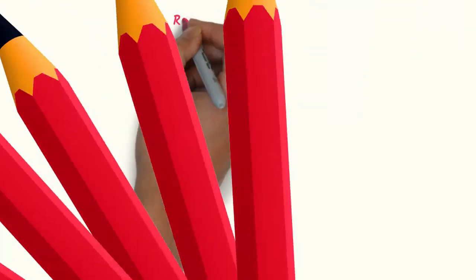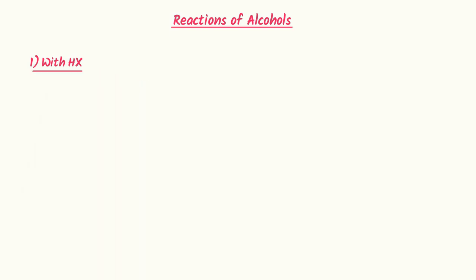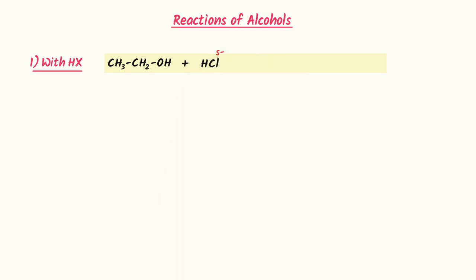Now we will learn all important reactions of alcohols like reaction with hydrogen halides. For example, consider this reaction. We know that in hydrogen halide, halogen like chlorine is more electronegative. It attracts shared pair of electrons. As a result, partial negative charge appears on chlorine and partial positive charge appears on hydrogen.